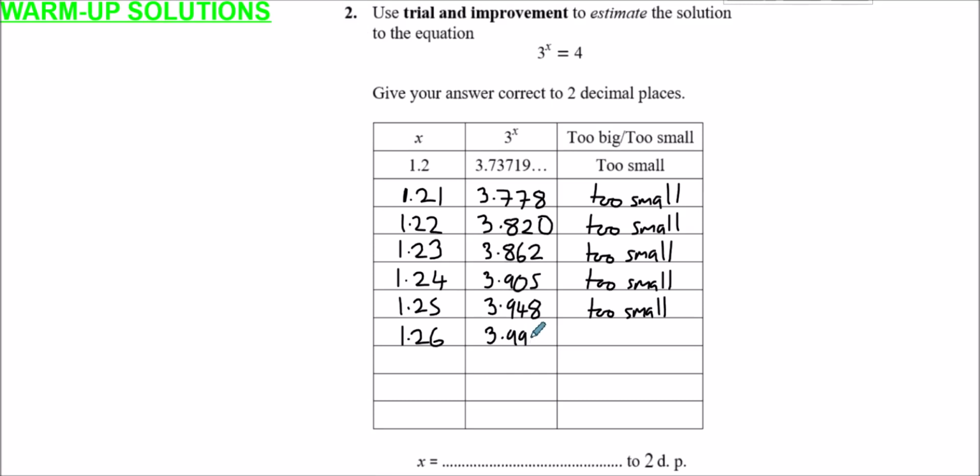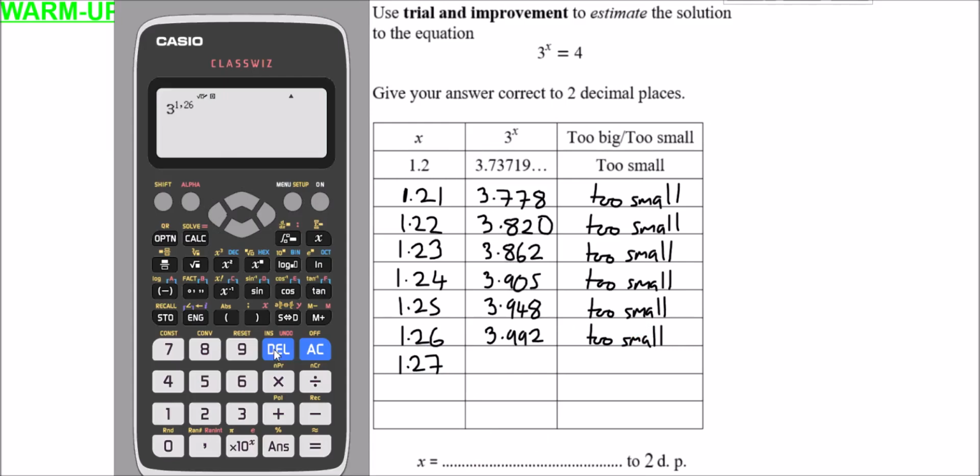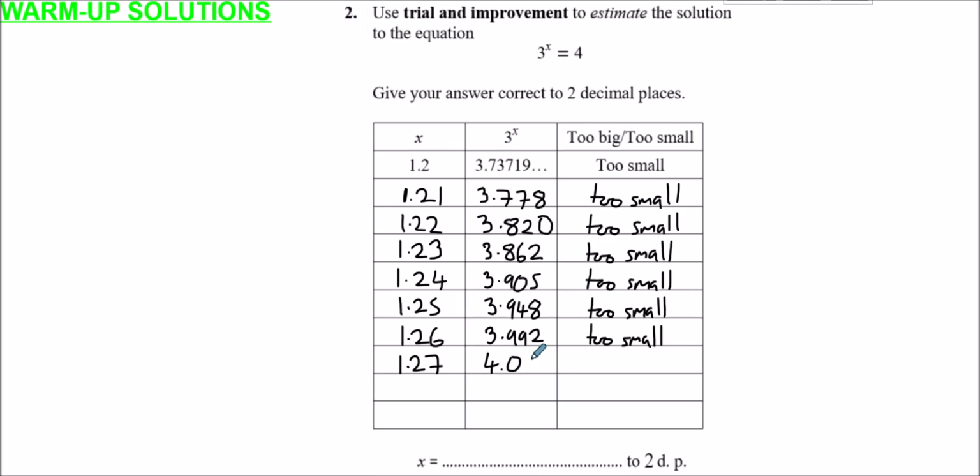Now with trial and improvement, no matter how tempting it is, we need to look for a change of sign, where our estimate goes from below the needed solution to above it. So we need to try 1.27. 1.27 is going to give us an answer of 4.036, which is obviously too high.